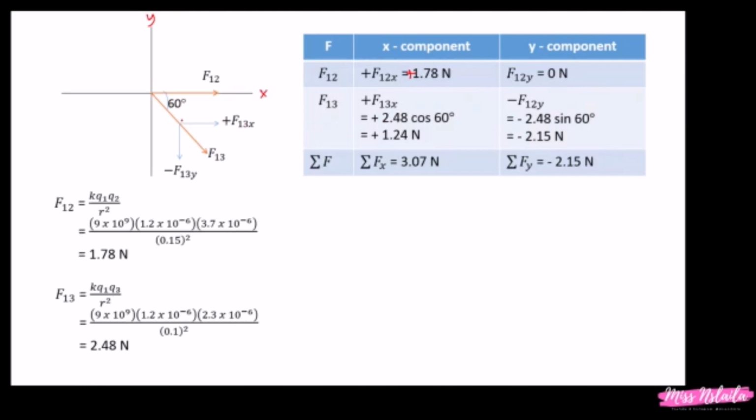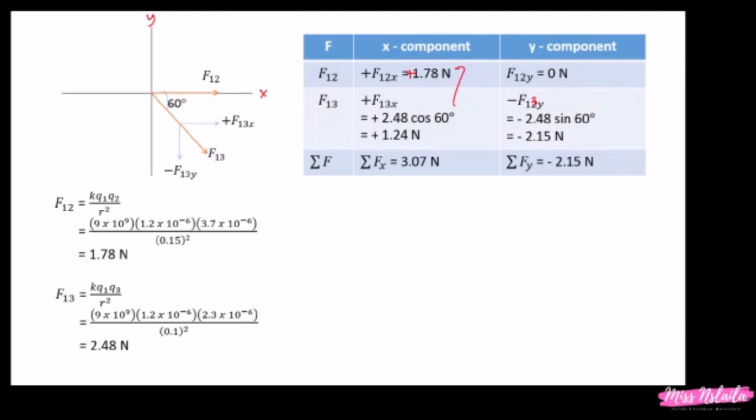Thus, when we resolve it on the x-axis, it will be positive 2.48 cos 60 degrees, which is 1.24 Newton. For F13 on the y-axis, it will be on the negative y-axis. Thus, it will become negative 2.48 sin 60 degrees and we will get negative 2.15 Newton.